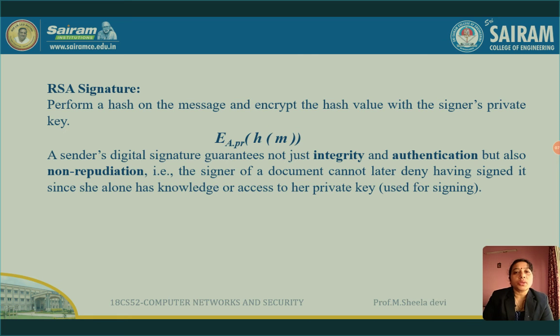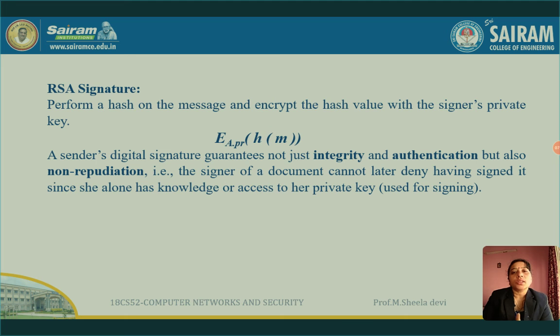After receiving the data, the receiver will decrypt the message digest with the public key of the sender, and he will get the message digest. The encrypted message digest will be appended with the message which the sender sends.